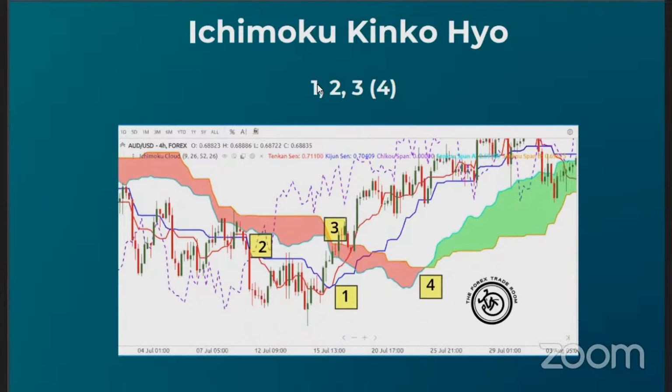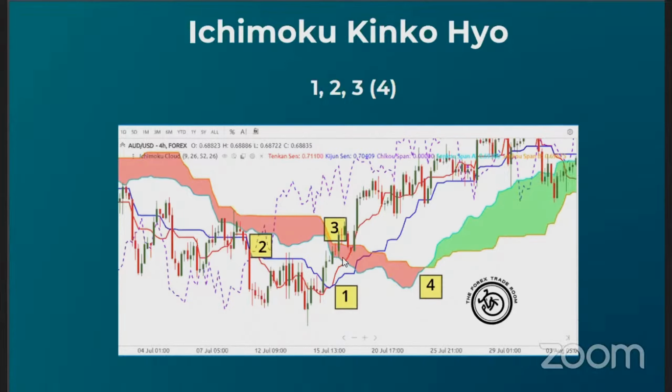I see right there where it says the TK crossover, which is the Tenkan-sen crossing the Kijun-sen, and that's number one, right? And then it's red and it's blue. However, I'm not quite sure which one is which.